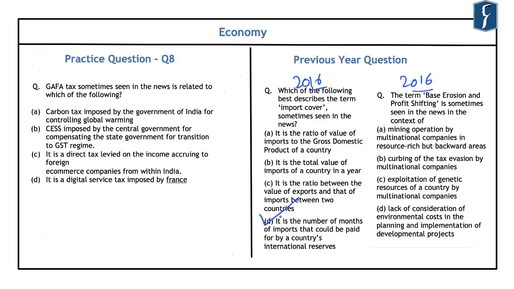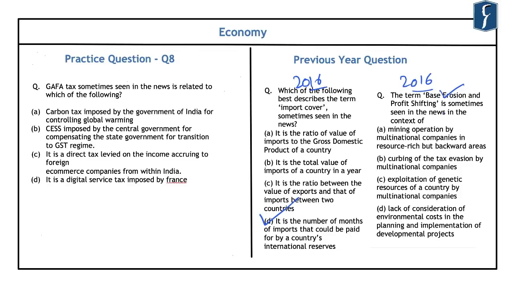So in this case, the foreign exchange reserve, which is lying with the Reserve Bank of India, is an important thing which is related to the import cover. So the import cover in India's context would simply mean the number of months of imports that could be paid by the foreign exchange reserves, which is lying with the Reserve Bank of India. Again, if you look at this question, it reads, the term base erosion and profit shifting is sometimes seen in the news in the context of.